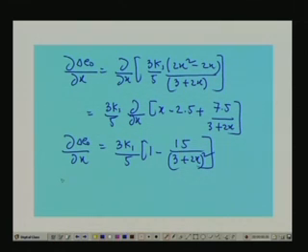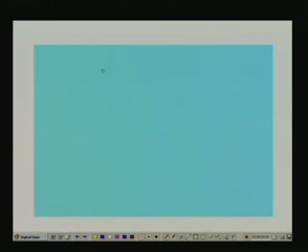Now, therefore, for maximum value of delta E naught we will get 3 plus 2x whole square equal to 15. If I take a new page, that means x is equal to root 15 minus 3 by 2, which is equal to 0.436.